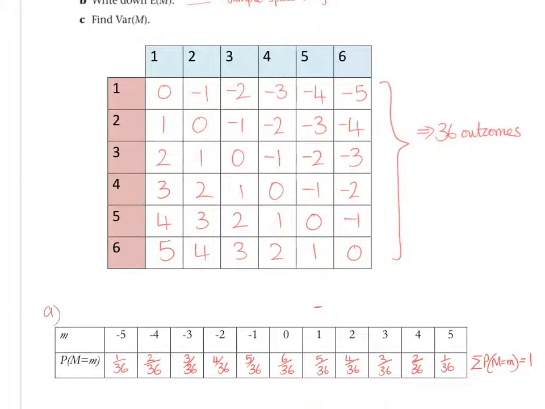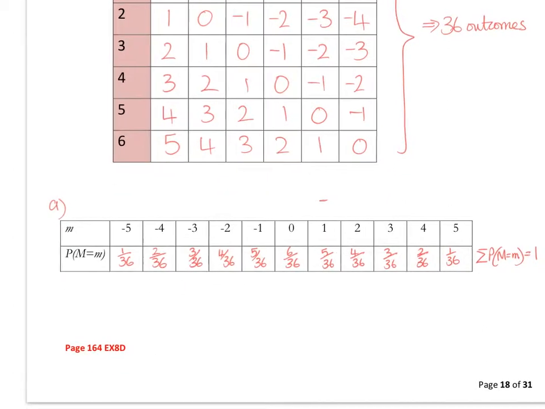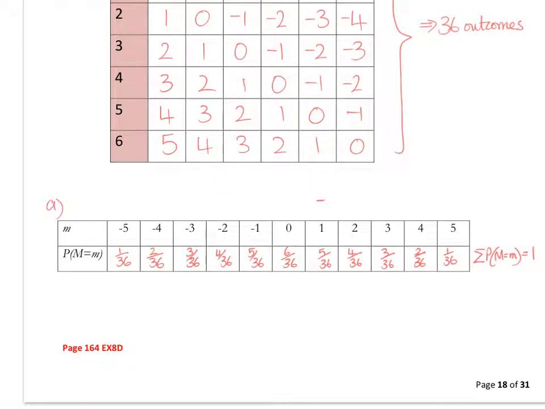Part B was asking for write down E of M. Well, as you know, E of M is the expectation. So the expectation of M is equal to the sum of all the M's times the probability of them.